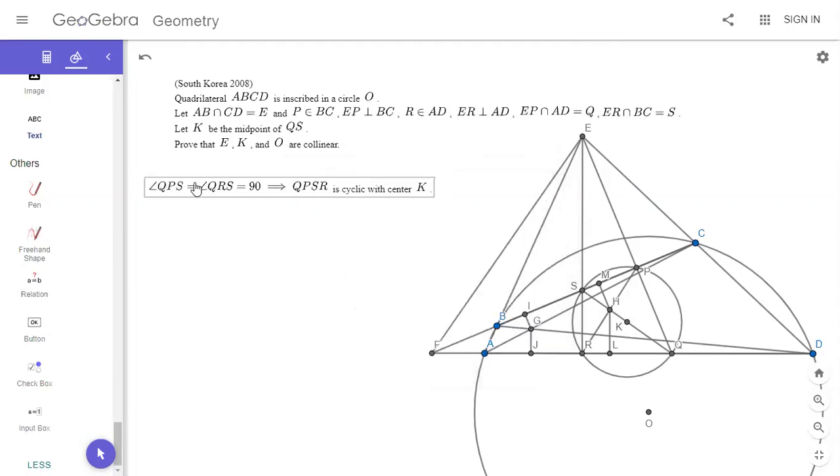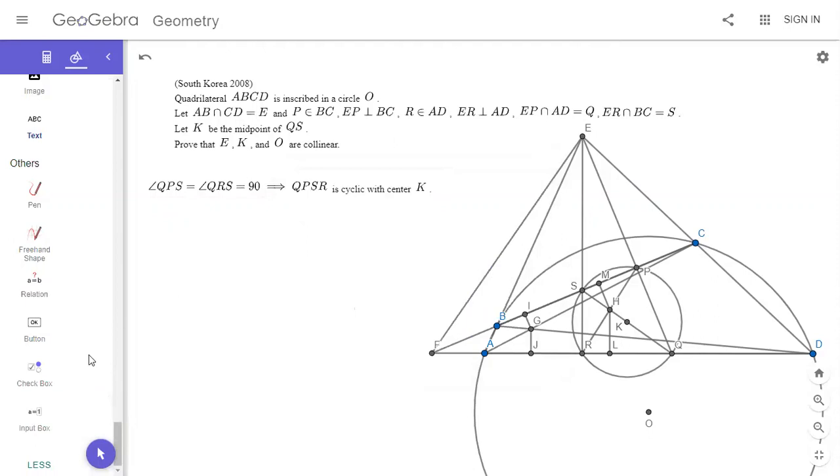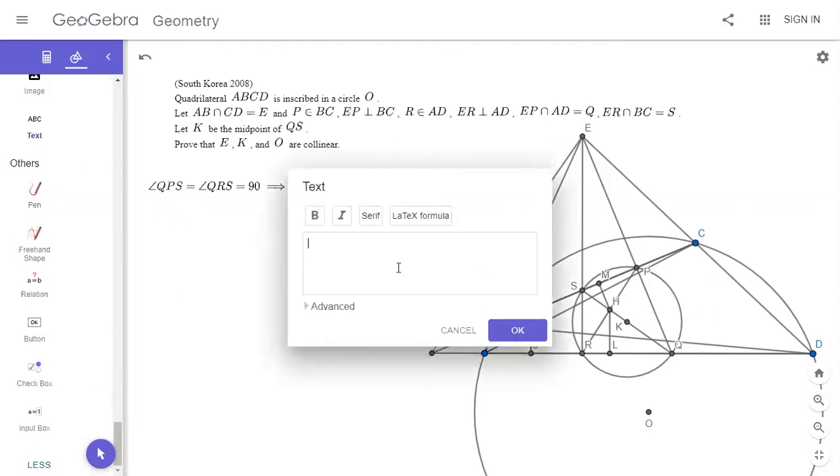All right. So then we could say let BD intersect AC at G. And let QS intersect PR at H. All right.